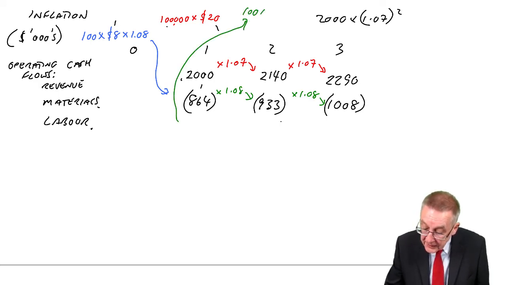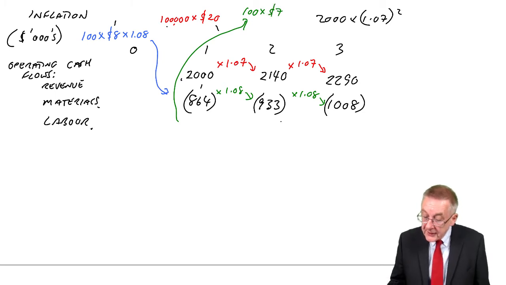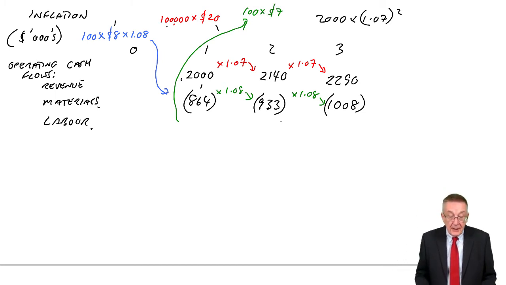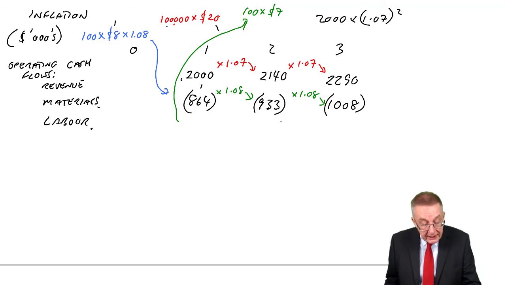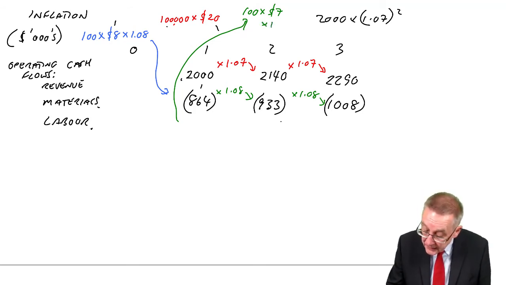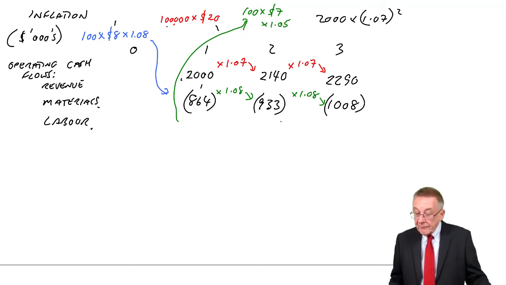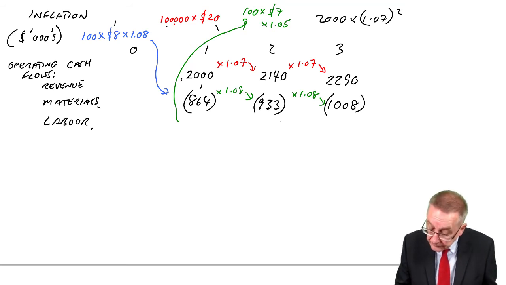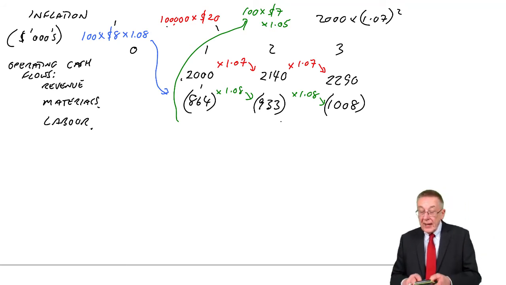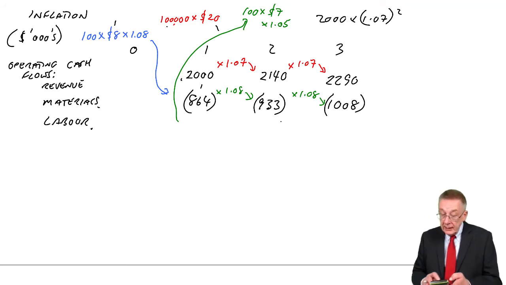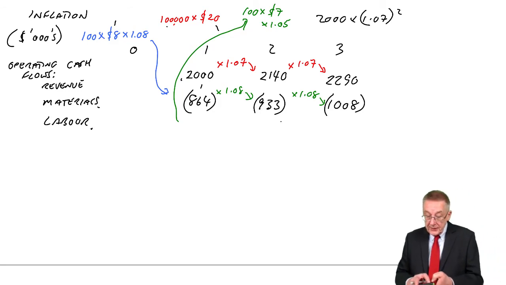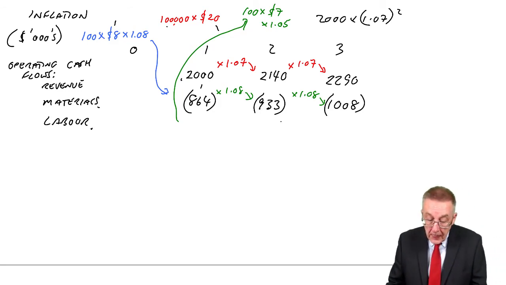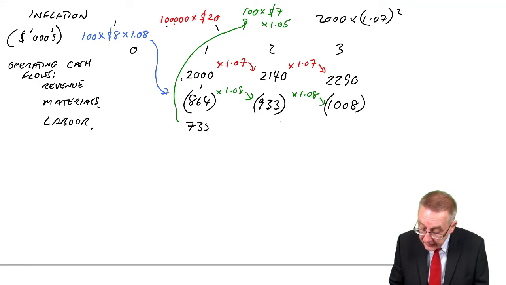So 100,000 units, $7 at current prices. But what's the inflation rate? For labour, it's 5%. And therefore, the actual cash outflow at time 1, 700 times 1.05 is 735.